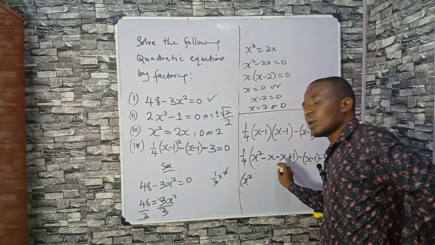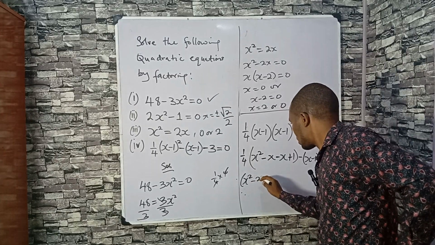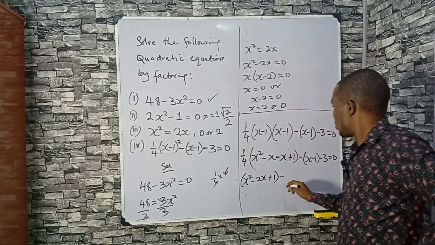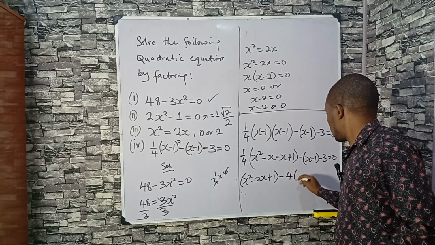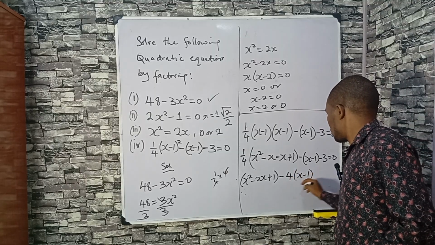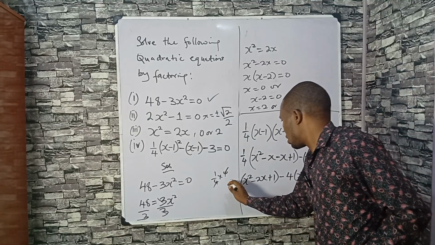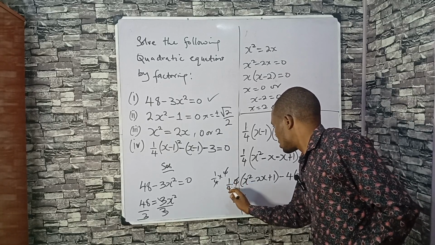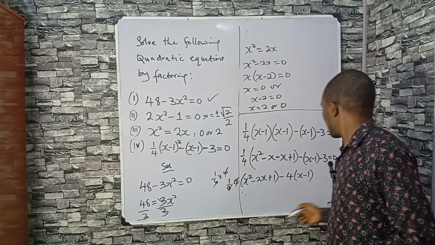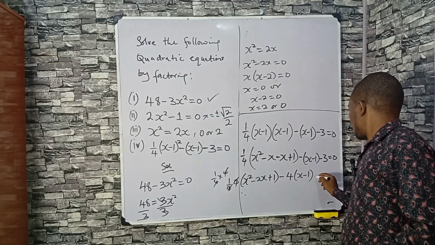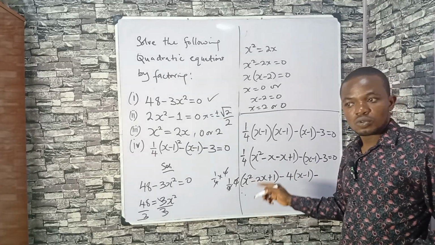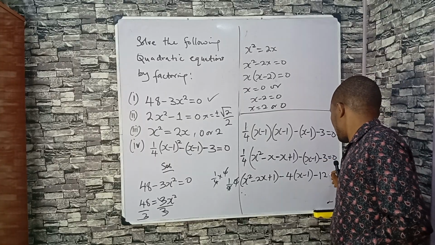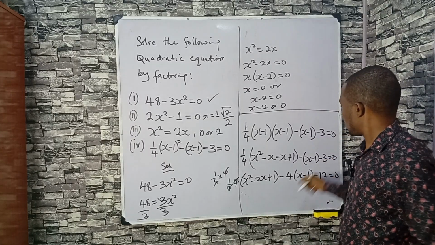Then minus x minus 2x plus 1. Don't forget we are multiplying by 4, x minus 1. The reason you didn't find 4 here is because 1 over 4 times 4 has taken care of this, so we have just 1 there. Here is minus 12 times 4, or 4 times 3 is 12, rather, here by 4.